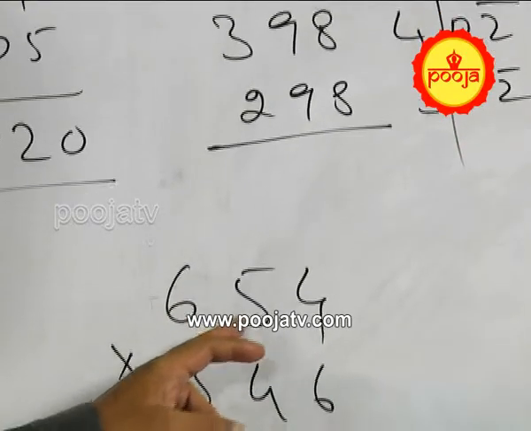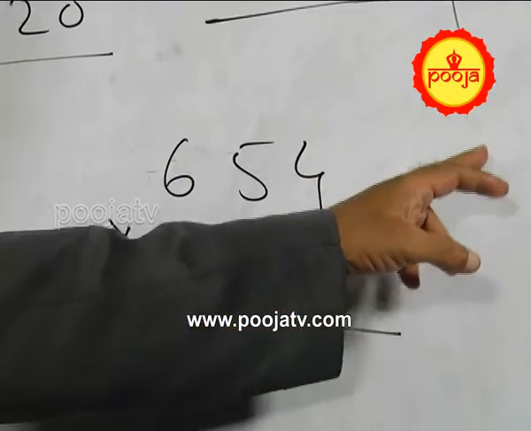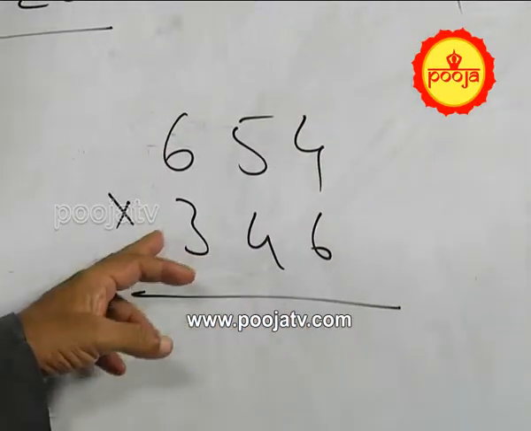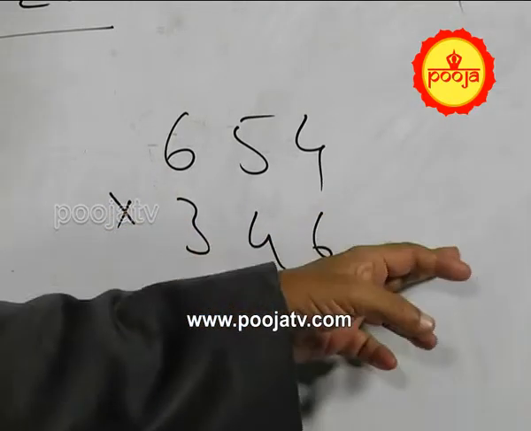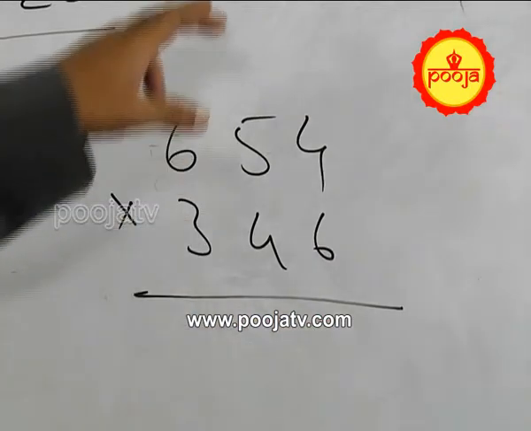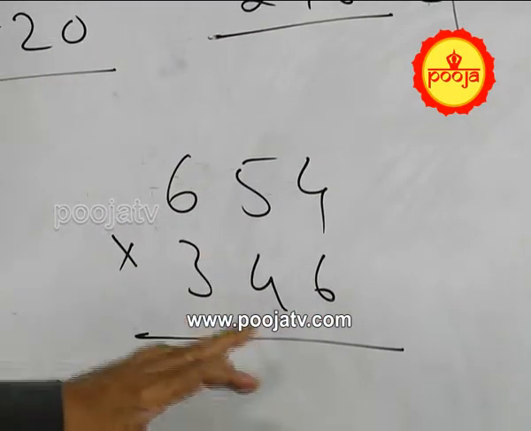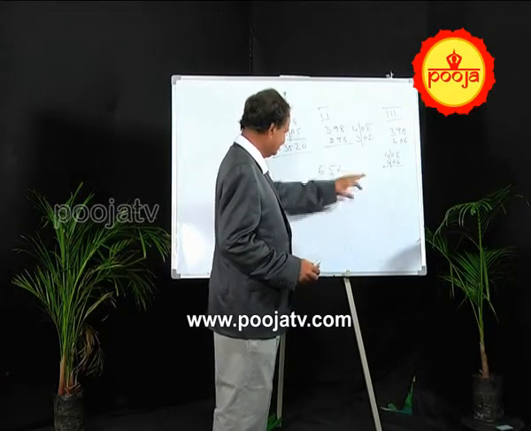If you convert 654, it will become 700 minus 46, and if you convert 346, it will become 400 minus 54, again 46 and 54, which you cannot multiply. So, this method also does not apply. Am I clear? You cannot give slash and you cannot convert and do.